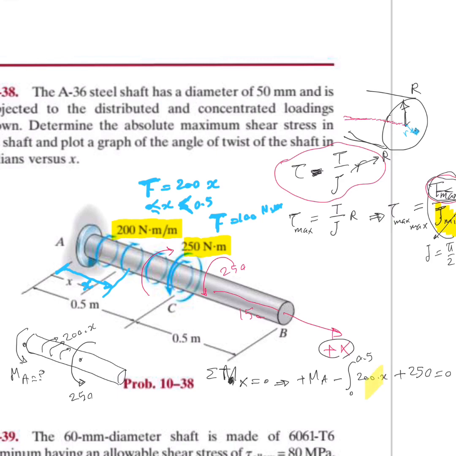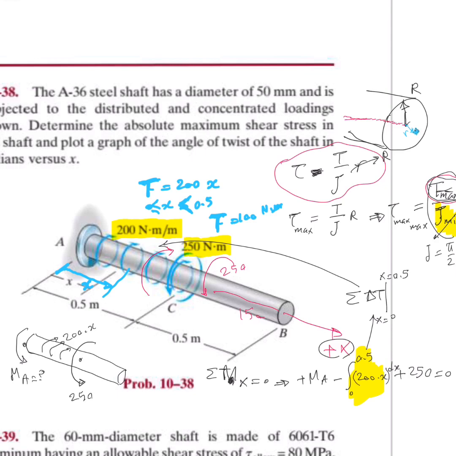Look at this term. This is just simple summing up. I'm summing up all these little delta torques coming from this distributed torque, starting from point x equal to 0 and ending at x equal to 0.5. So I wrote it as an integral from 0 to 0.5, the magnitude was 200x, and there is a dx here, right?